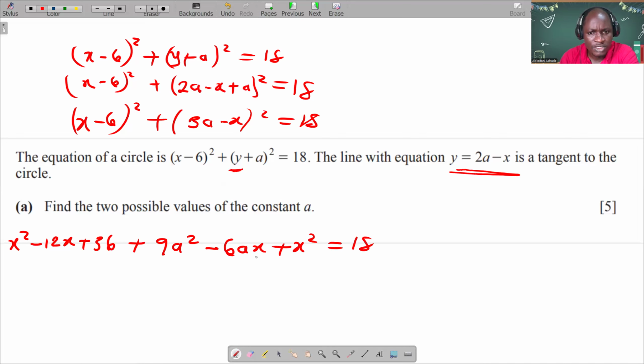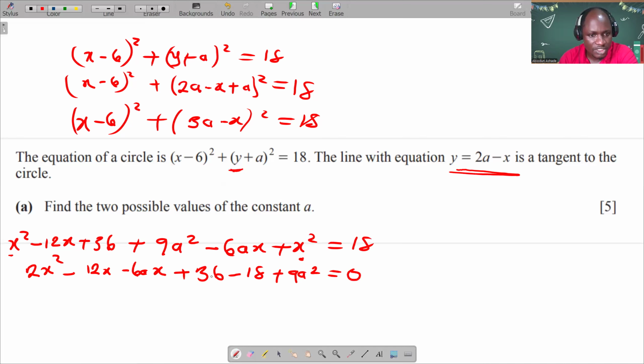Now let's make it look like a quadratic equation. We have x squared here and x squared here. We can collect like terms, and that would be 2x squared. The terms in x, minus 12x and minus 6ax, we can bring together. And we can take the constants, plus 36. If I bring the 18 over, that becomes minus 18, plus 9a squared equals 0.